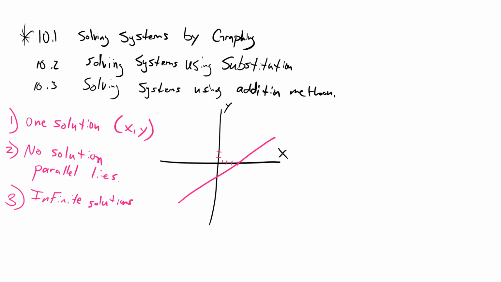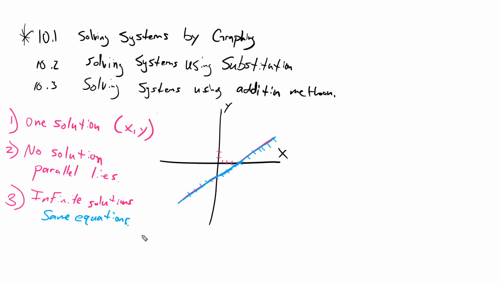And then you go to graph a second line, and it just happens to be the same line. They just basically overlap, and you end up with just 1 line. So this intersects here, here, here, here, here. Basically everywhere the line exists is the intersection. So there's infinite solutions. Usually occurs when you have the same equation. And again, you'll see what I mean when we do the work for this.